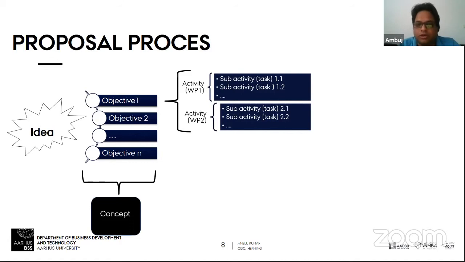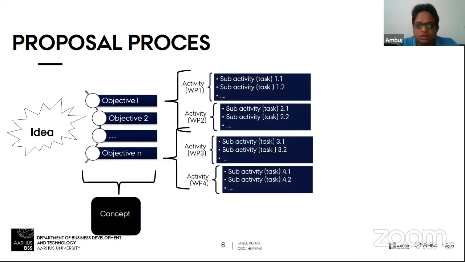This is how we normally number the tasks. For example, work package 1 has sub-activities or tasks 1.1, 1.2, and task 2.1, 2.2 for work package 2, and so on. This is what you do for all the objectives that you define for your idea.